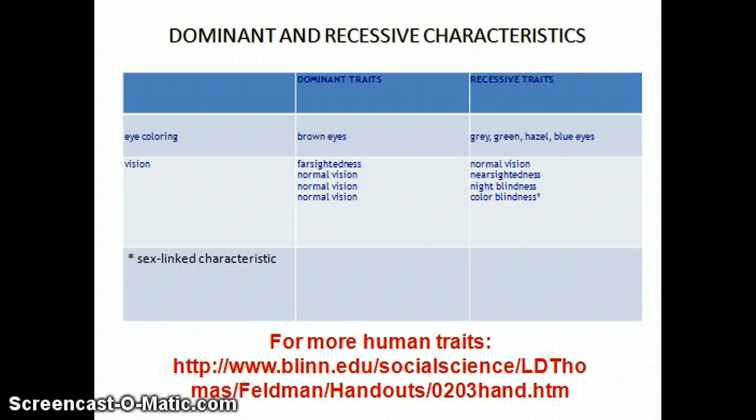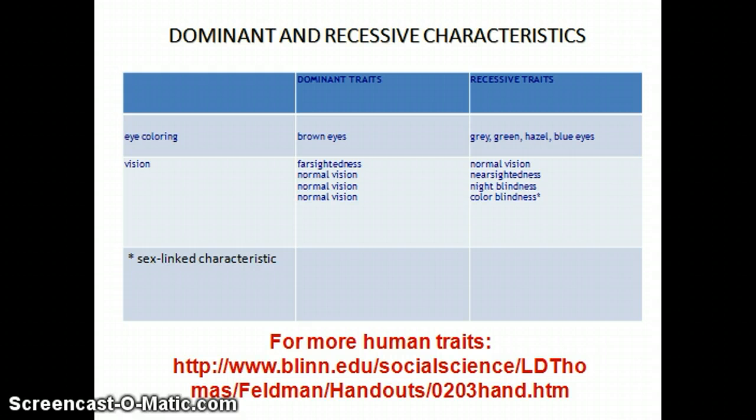In this chart here, you can see some different dominant and recessive characteristics. For example, eye coloring: brown is dominant over gray, green, hazel, or blue. Vision: the dominant trait is farsightedness, normal vision, or the recessive would be normal vision versus farsightedness.